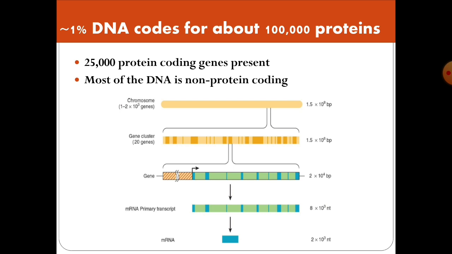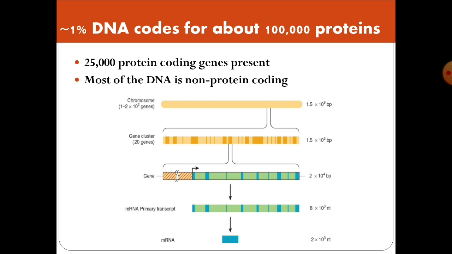Then one gene, if we take, this is the sequence, and from this gene when we get the mRNA primary transcript, it is 2 times 10 to the power 4 to 8 times 10 cube, that is 8000 base pairs for DNA. And when it becomes RNA, obviously there is no pairing of bases, it is only a single strand. So, 8 times 10 to the power 3, that is 8000 nucleotides.